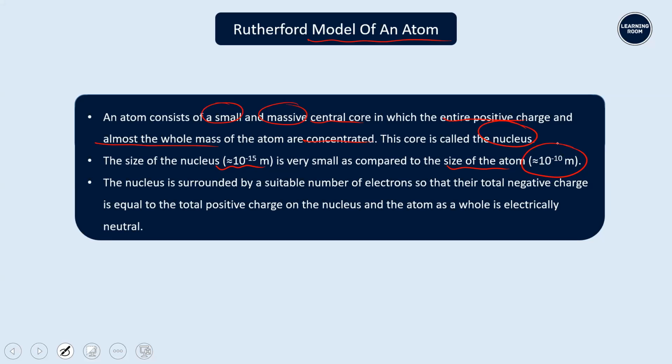Next, the nucleus is said to be surrounded by a suitable number of electrons so that the total negative charge is equal to the total positive charge of the nucleus. An atom as a whole is electrically neutral.